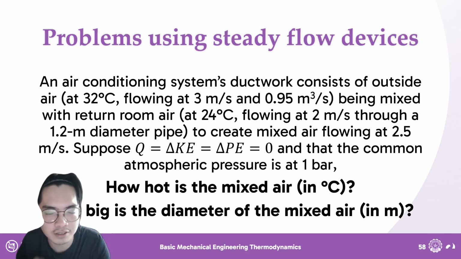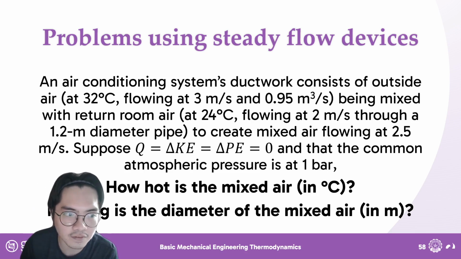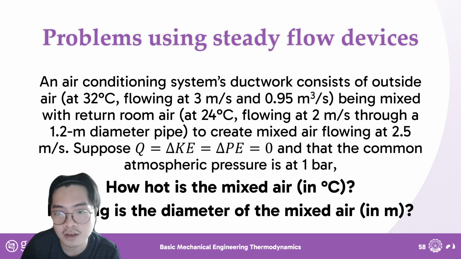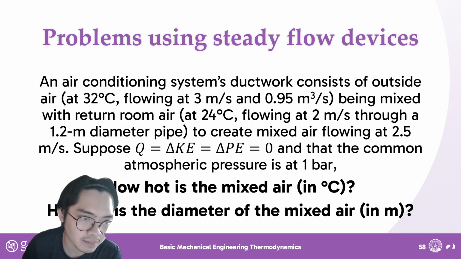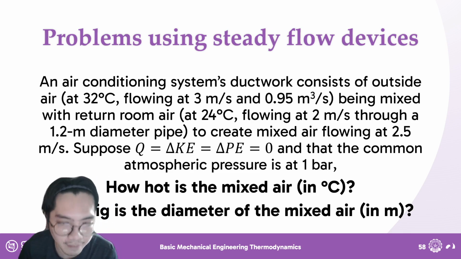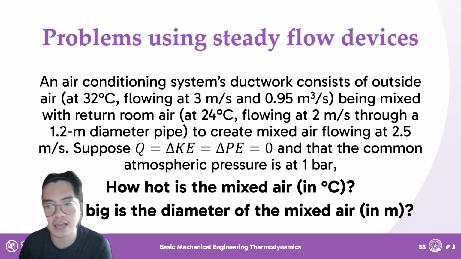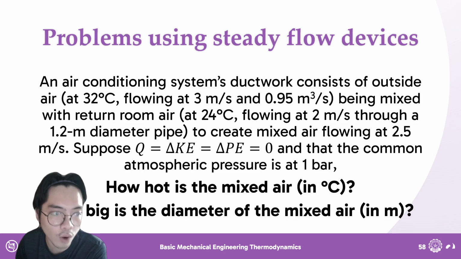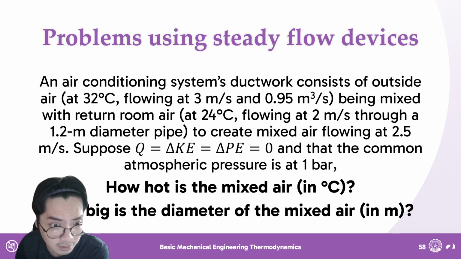An air conditioning system's ductwork consists of outside air at 32 degrees Celsius, flowing at 3 meters per second and 0.95 cubic meters per second, being mixed with return room air at 24 degrees Celsius, flowing at 2 meters per second through a 1.2 meter diameter pipe. That is large.